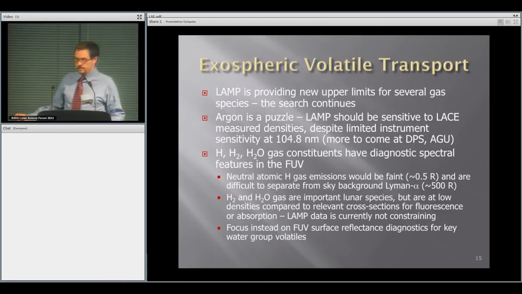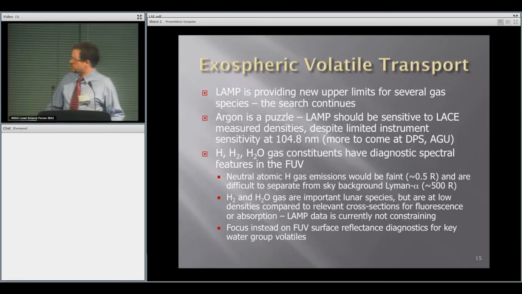This is difficult to separate from 500 Rayleighs of background signal, and it's also complicated by some instrument calibration effects that are time variable right at Lyman alpha. So it's going to take a little more work to answer whether we can measure that or not. But we're finding that H2 and H2O gas are just too low in density to really constrain with LAMP as it's currently working.